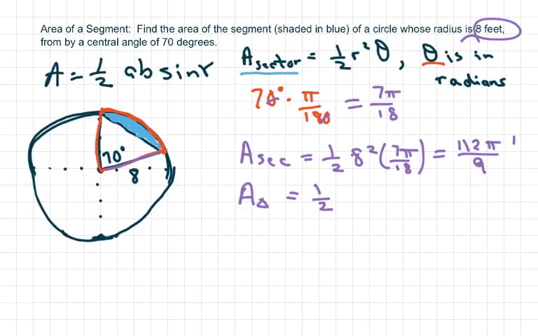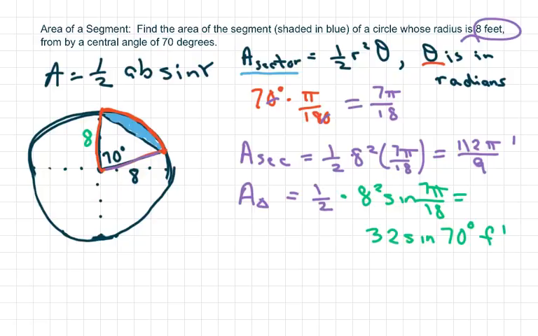So basically all we need is 1/2, and both of these sides are 8, so it's going to be 8 times 8, which is 8 squared, sine of 7 pi over 18, and that gives us 32 sine of 70 feet. Okay, so this equals 32 sine, if you want you can just put degrees, 70 degrees feet.